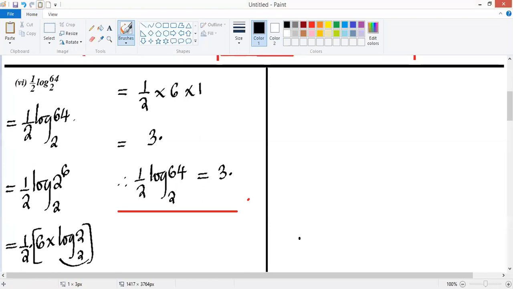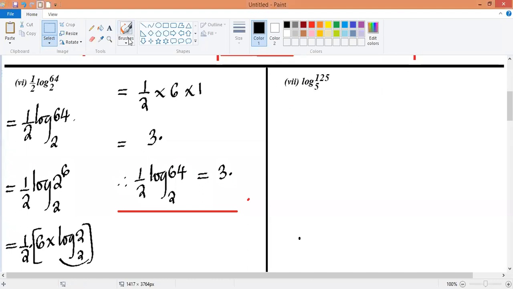Roman 7, log 125 to base 5. Can we send in the chat what it becomes? Log 125 base 5.